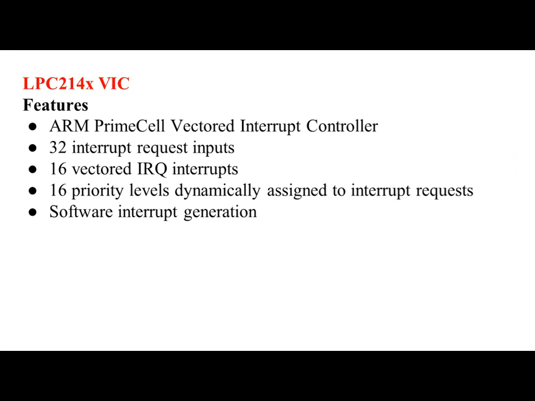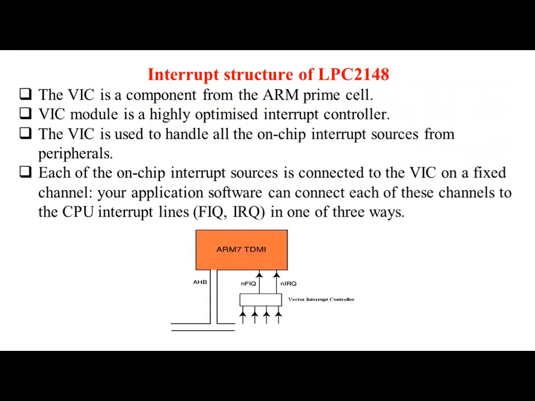First one is ARM PrimeCell vectored interrupt controller, 32-bit interrupt request inputs, 16 vectored IRQ interrupts, 16 priority levels dynamically assigned to interrupt requests, and software interrupt generation.